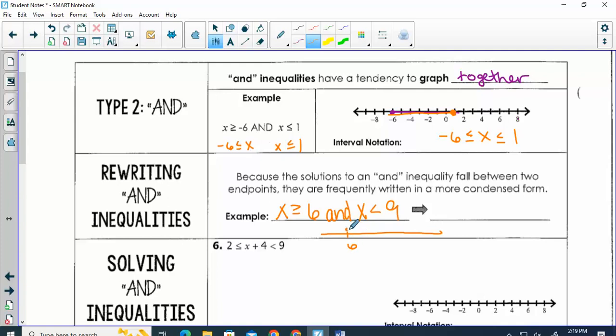Greater than 6, that would be going to the right, correct? Less than 9 would be an open circle at 9 going to the left. So when we look at it, it's hitting everything between 6 and 9. So we would write 6 is less than or equal to x is less than 9 to make the one big inequality.